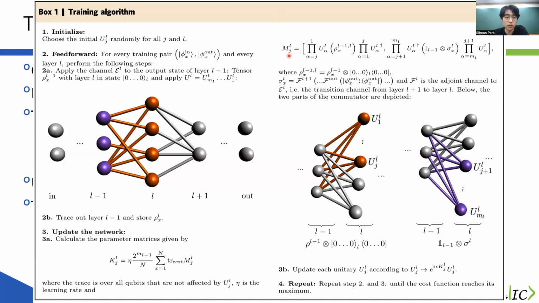Anyway, now the K is clearly defined. We can update the unitary as follows, and we can repeat this step with a given learning rate and evolution rate, and the cost function would converge.